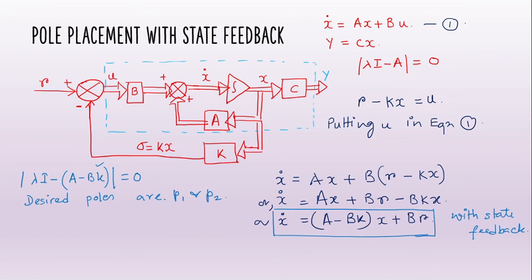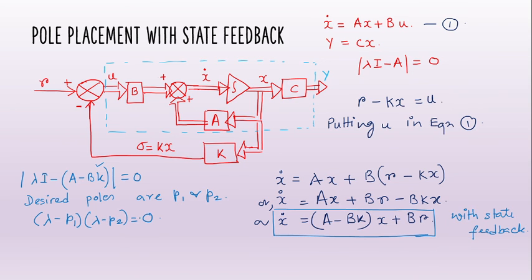If it is P1 and P2, that means it's a two-dimensional system, so K will also be a two-dimensional matrix. So as per the new system, my new pole will be lambda minus P1 into lambda minus P2. This will be the new characteristic equation with the desired pole locations.